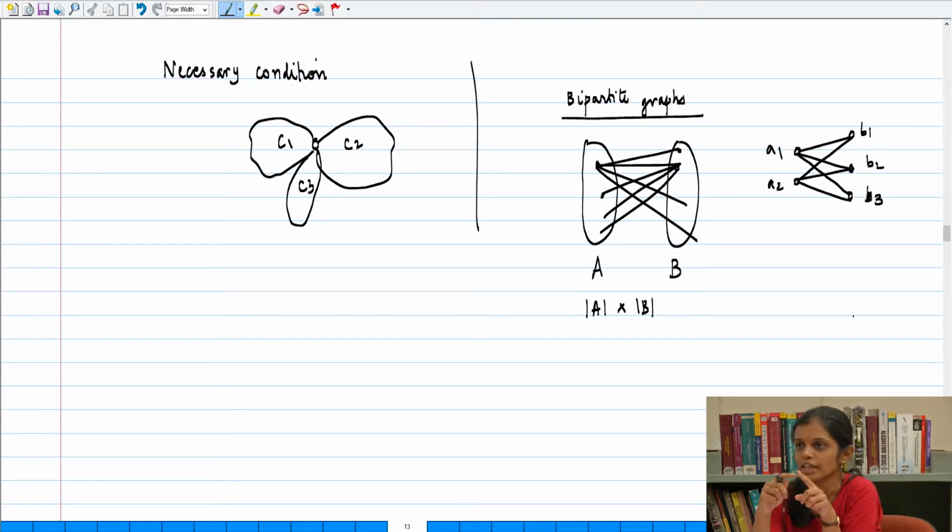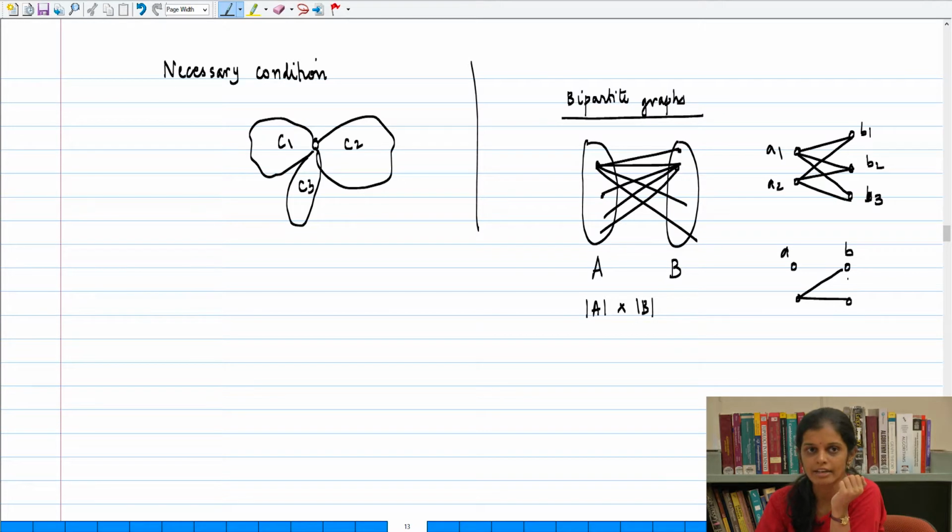So if there was a Hamiltonian cycle, what does it look like? The vertices on that Hamiltonian cycle alternate: once it has an A vertex, the next vertex is a B vertex, followed by an A vertex. Why? Because once you are on the B side, you must go to the A side, right? So what can you say about such a cycle?